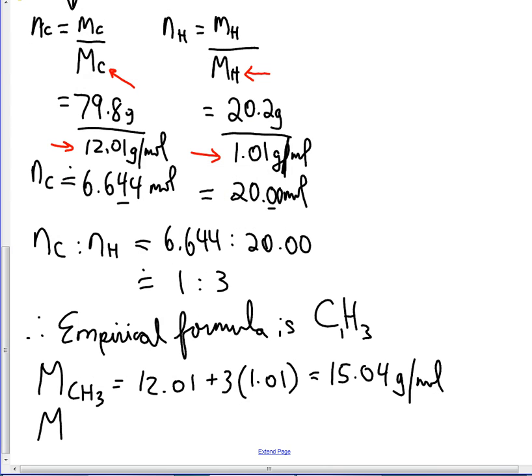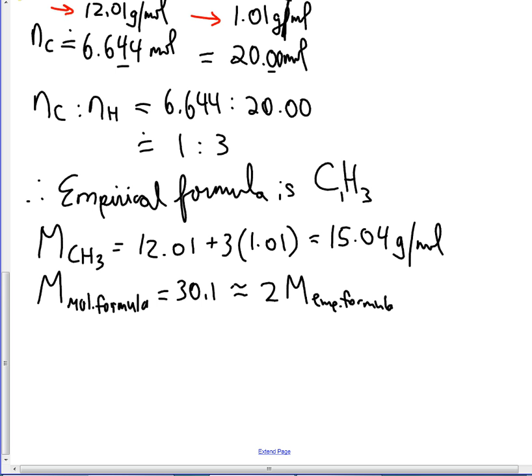So the molar mass of the molecular formula is 30.1, and that's approximately twice the molar mass of the empirical formula. That tells us that our empirical formula is off by a factor of 2, so therefore we need twice as many atoms of both elements. The compound's molecular formula is C2H6.